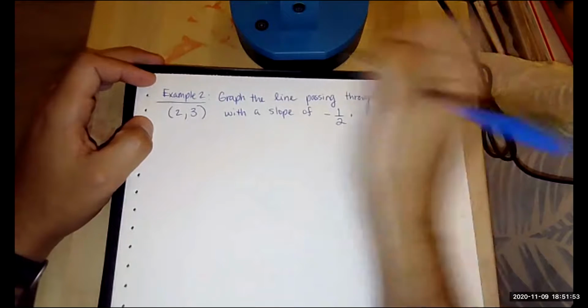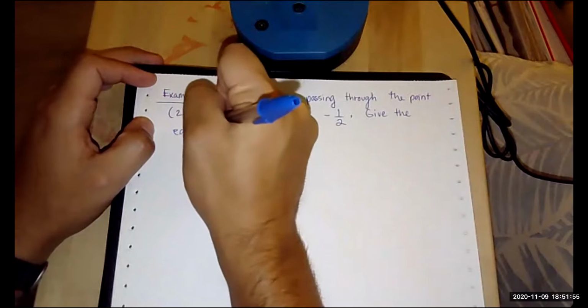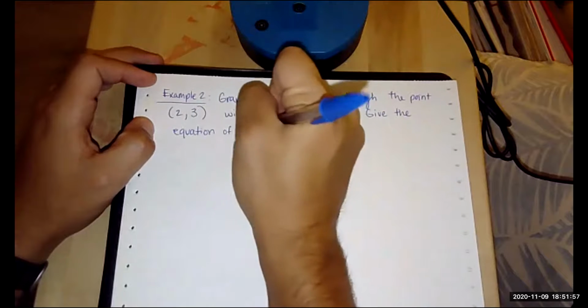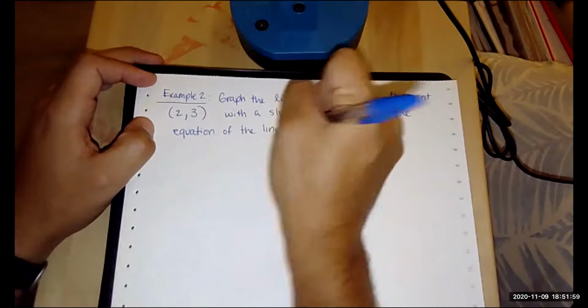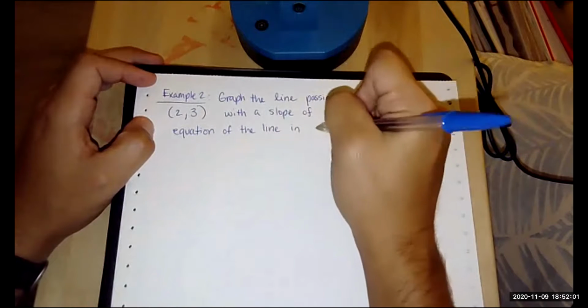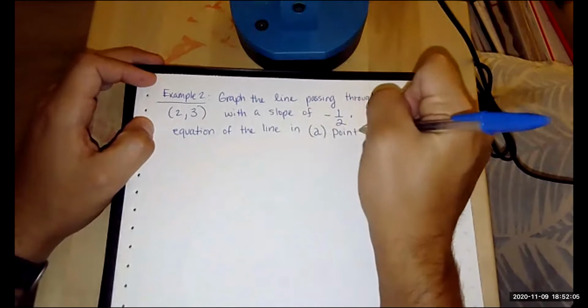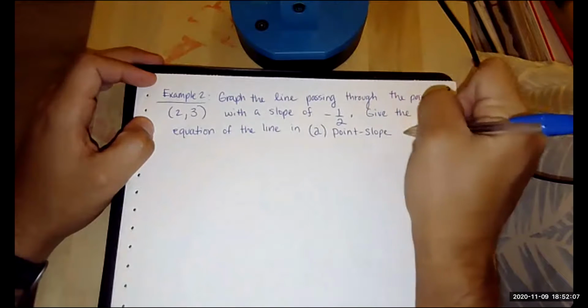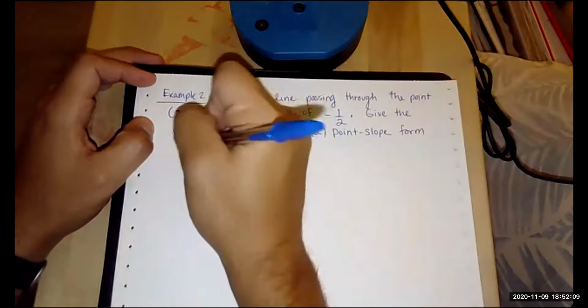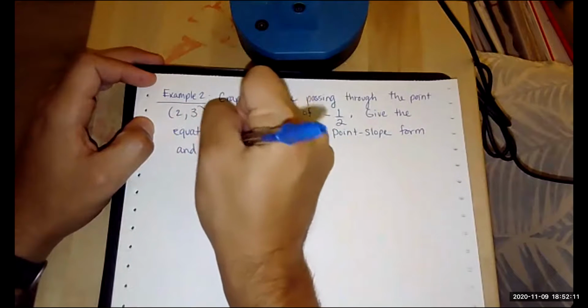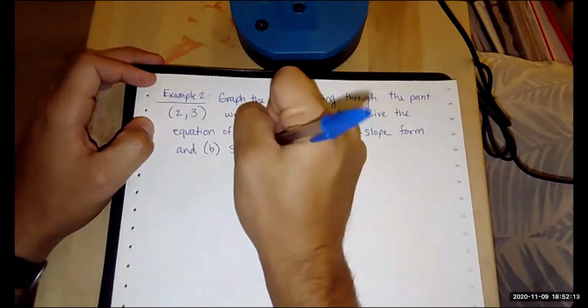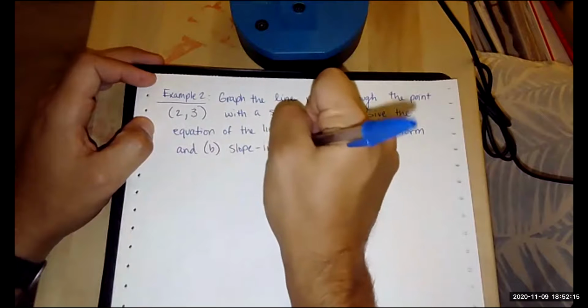Give the equation of the line. And we'll say in A, point slope form, and B, slope intercept form.